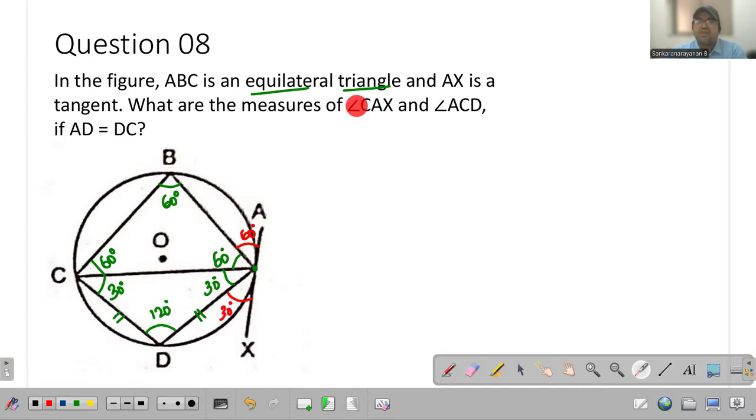Okay. So what is the measure of angle CAX? C to A to X. I can see that angle CAX has to be 30 plus 30. That is coming here as 60 degrees. In the same manner, let us find out the measure of angle ACD. What is ACD?